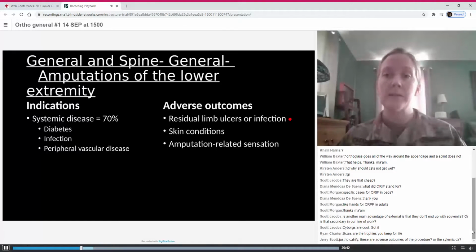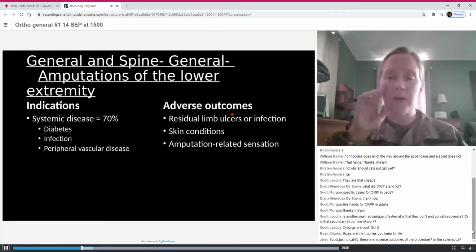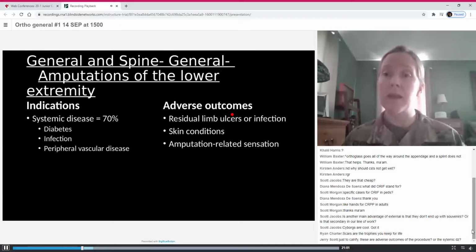Whereas a superficial infection like a cellulitis can be treated by primary care. Same with a superficial ulcer, especially one created by their prosthetic. If they have limb ulcers or infections related to their prosthetic wear, a period of not wearing their prosthetic may be enough to help them if you treat them just as any other person with a cellulitis or an ulcer.